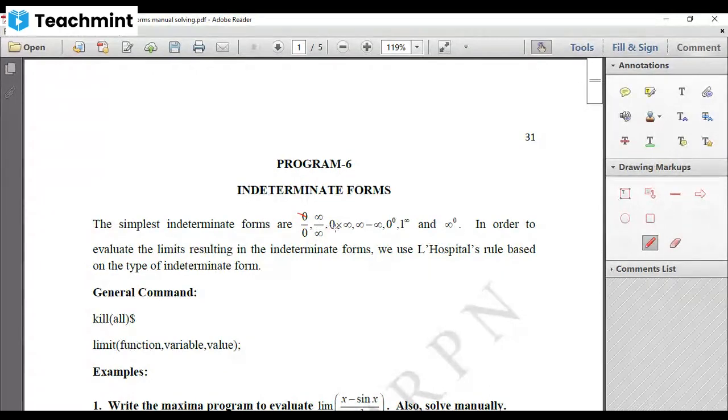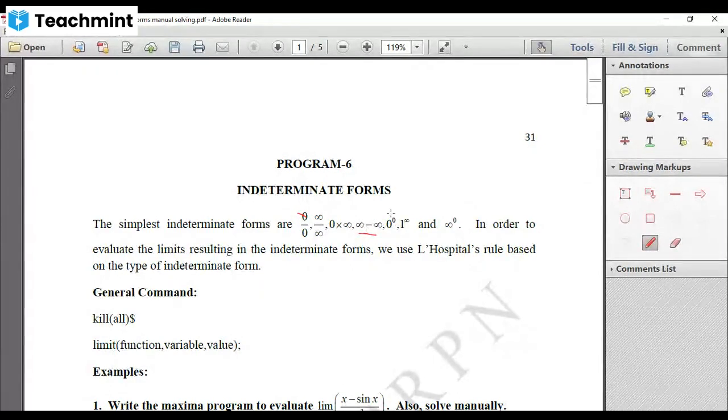Similarly here, you know that 0 into any number is 0, whereas infinity into any number is infinity. So this has got two choices, and we cannot determine which one is true. Similarly here, a number minus itself is 0, whereas we know that infinity minus any number is infinity. So it has got two choices, and we cannot determine which one is true for this.